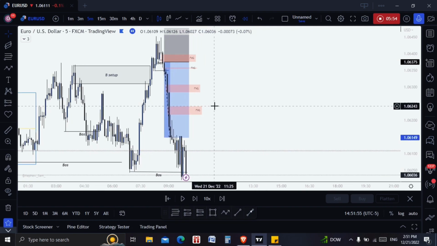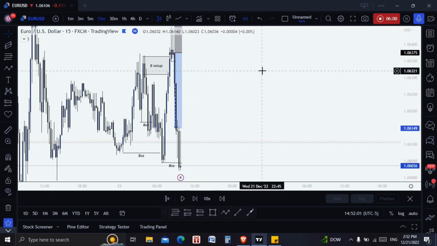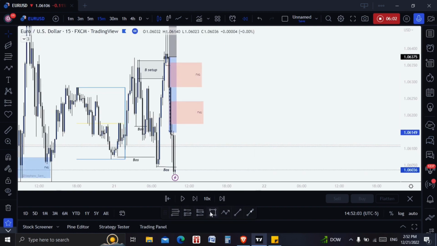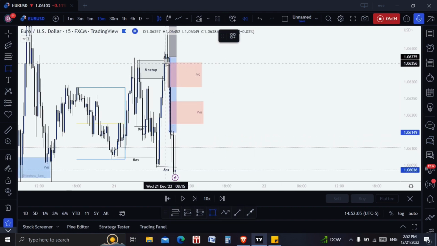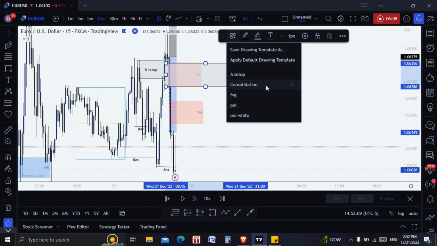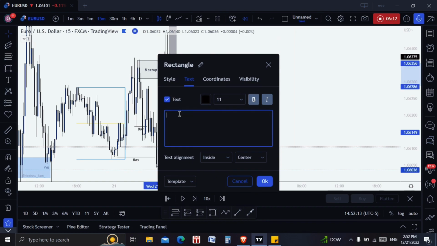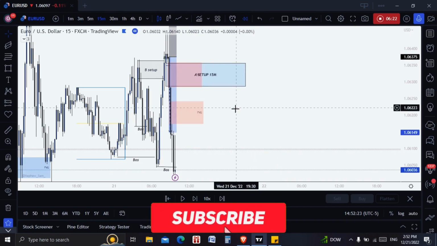Now what would happen here is I would call the other trade because structure has been broken here. So I would hop back on the 15 minute and this would now be my A setup. It should have been my A setup.